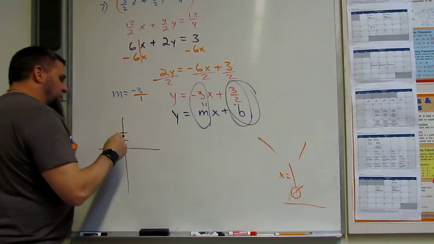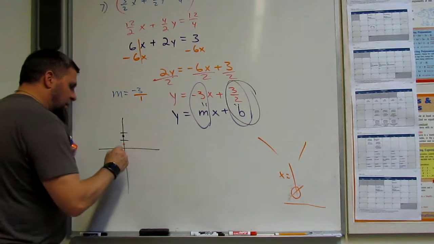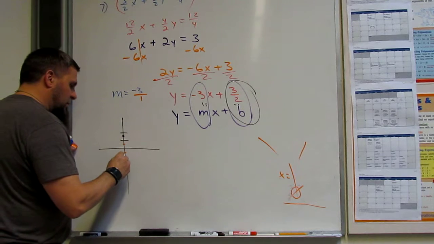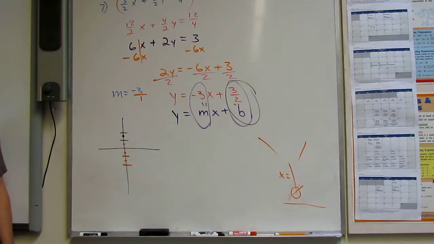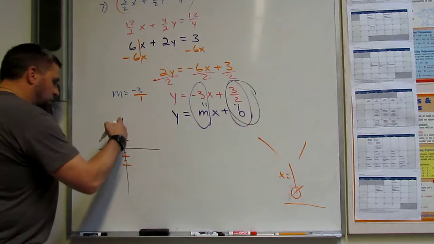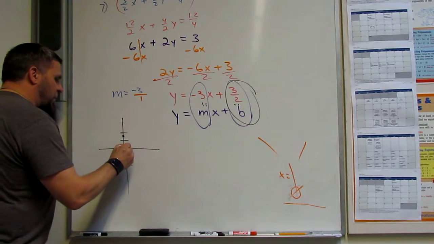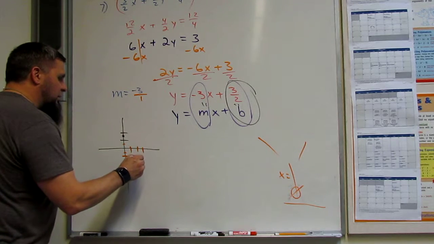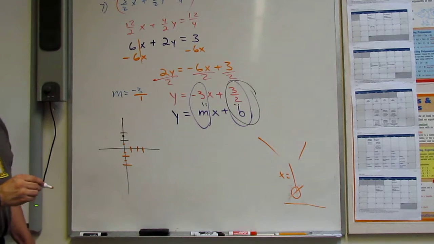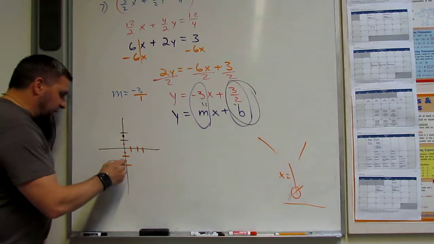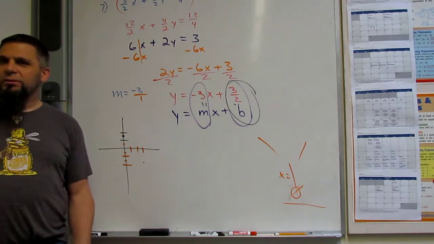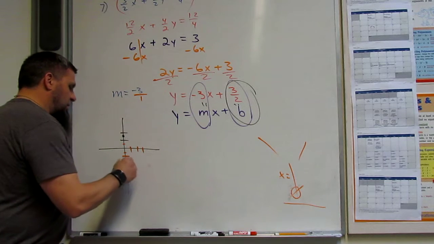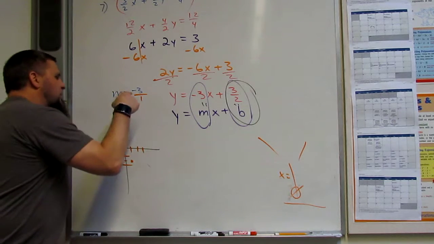So I go down 3. 1, 2, 3. Right? So I go down 3 and then I go over 1, oh, over 1 because there's a 1 there.